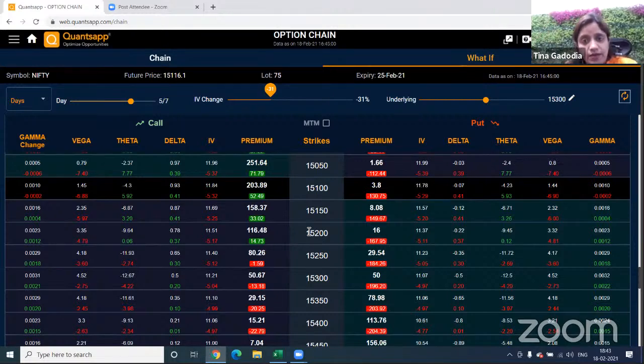This is very important for stock options, not so much for indices, because in stocks the volatilities vary a lot, especially during result season, where you buy, say, Infosys or TCS options before the result, and the way they behave after the results is completely different.